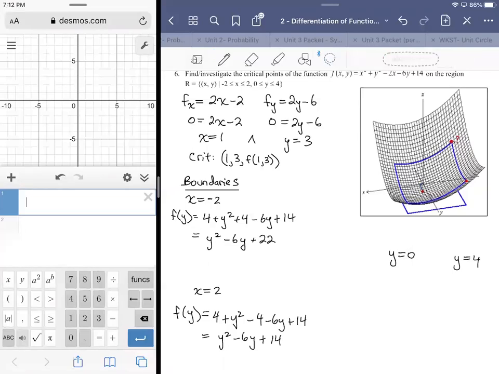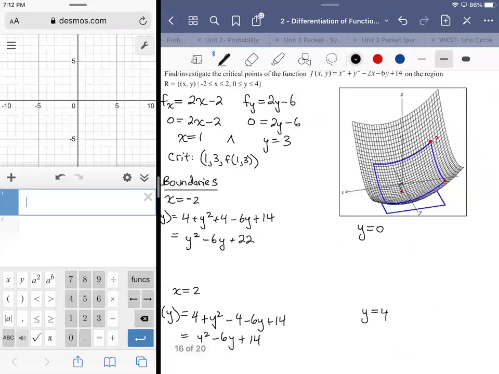So then we could do the same thing just with the x's. So I'll just move this down here. Move them both collectively up a little bit. So we'd have f of x, x squared minus 2x plus 14.